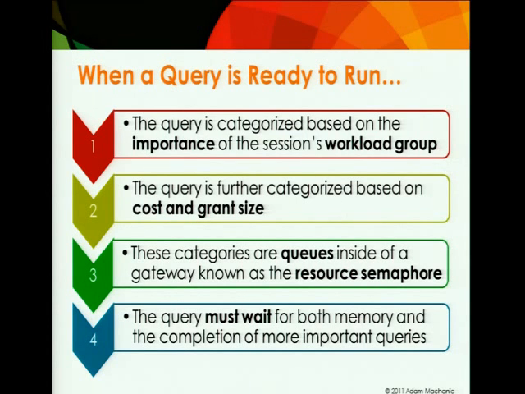And once the workload group has been determined, the query is further categorized, and the optimizer looks at the query cost as well as the size of the grant and takes the importance and that second categorization, and it has a number of queues. And all these queues sit inside of a gateway called the resource semaphore.